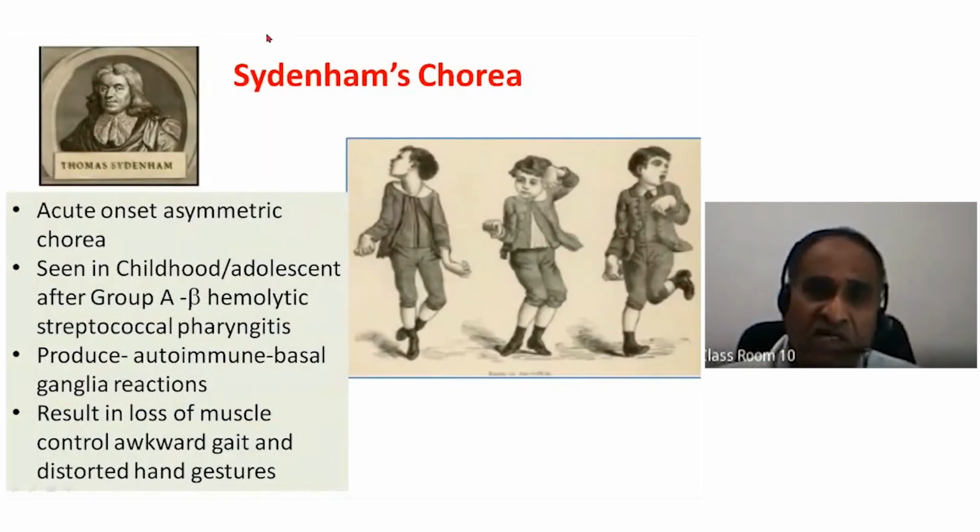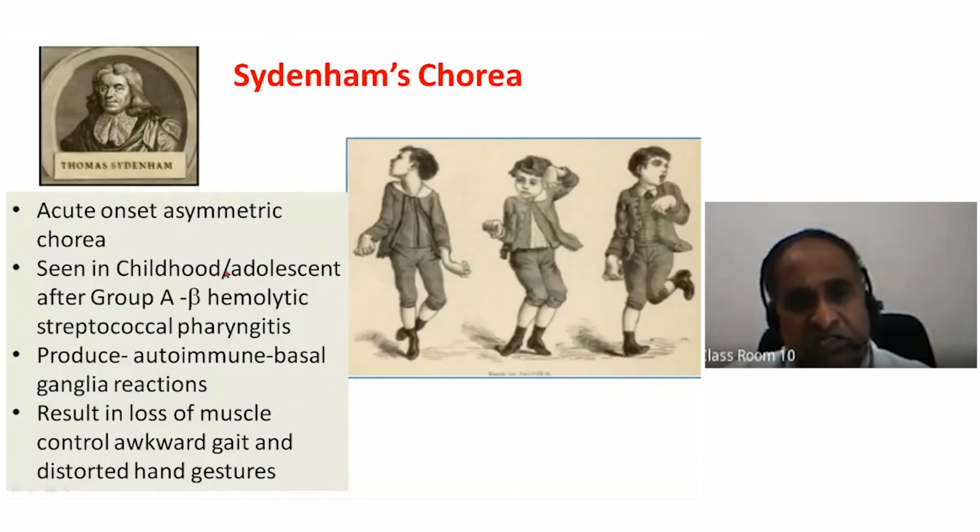Now we have another chorea, called Sydenham's chorea. This Sydenham's chorea results in children, especially in the younger age group, that means 6 to 14 years. It happens after pharyngitis, especially pharyngitis from group A beta hemolytic streptococcal infection.